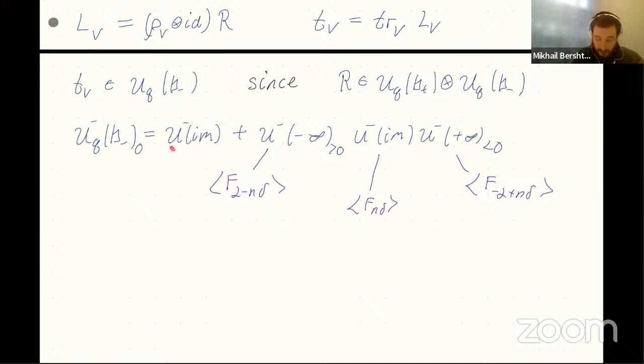So either we do not have these F's which correspond to real roots, or we have, of course, something from F with minuses and F with pluses.